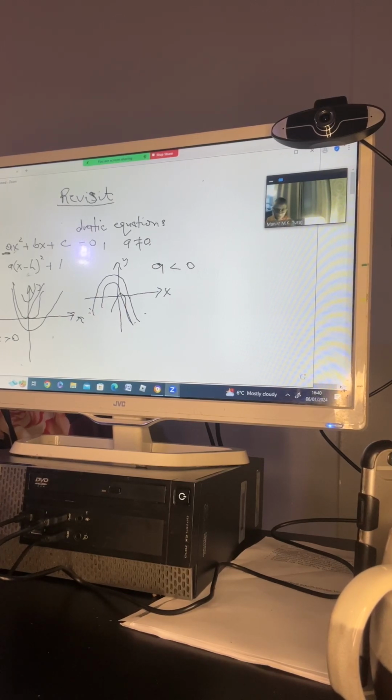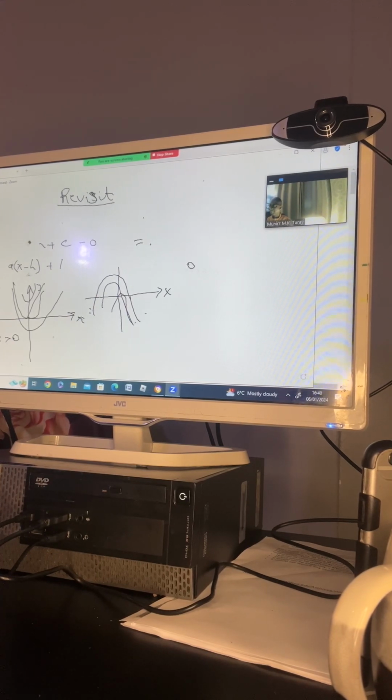Now let's solve a real problem and see. Quadratic equations revisited.